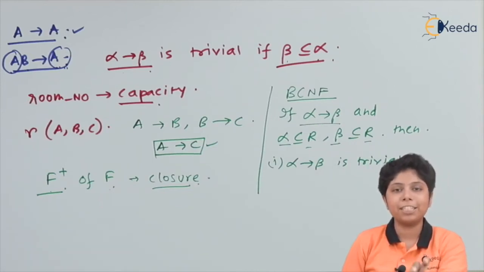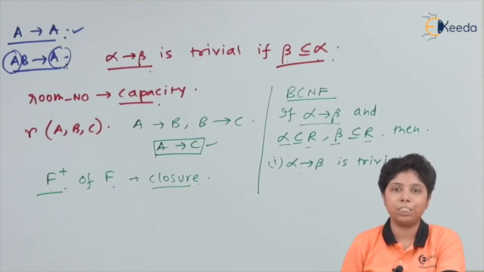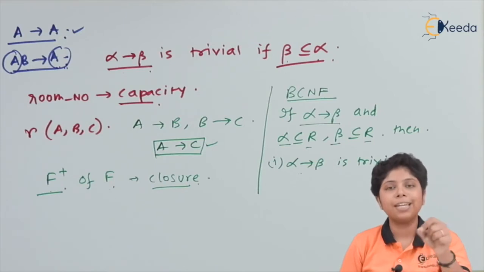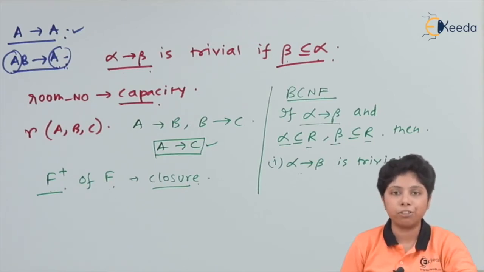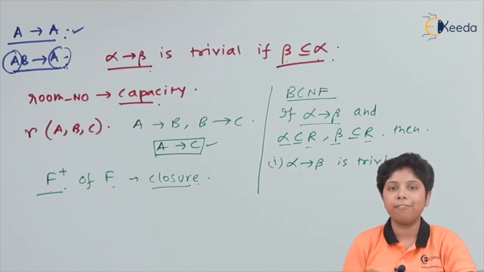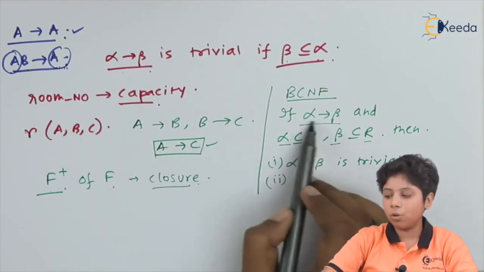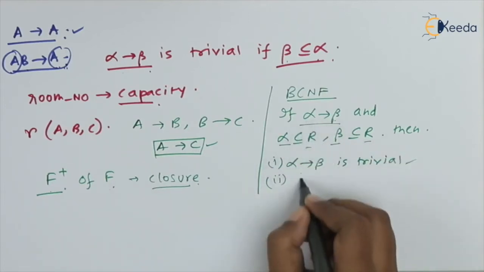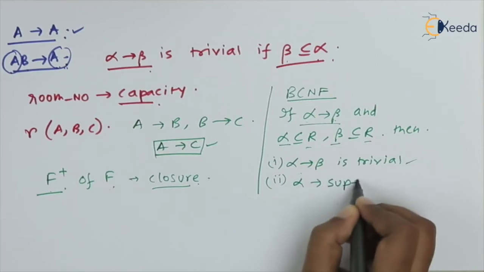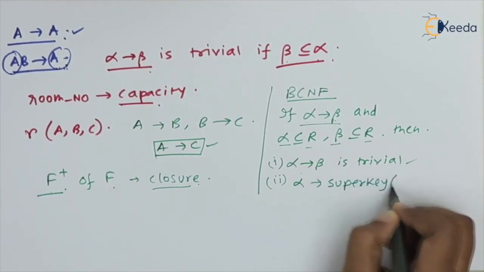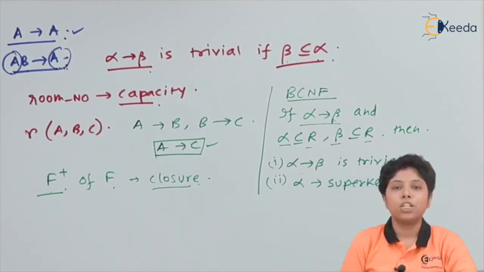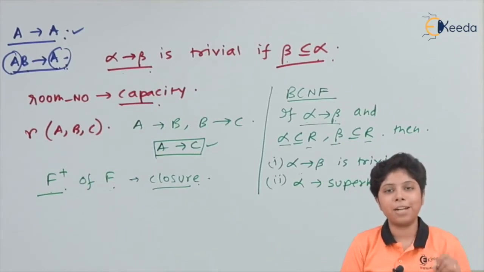So if a relation is in BCNF, then all the dependencies must be trivial, so that there are no more functional dependencies left, that one attribute cannot define another attribute in a particular relation if it is in BCNF. And the second one is if alpha defines beta, then alpha must be a super key of relation R. So the defining side must be the super key.